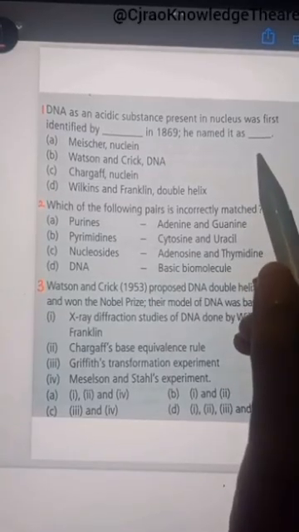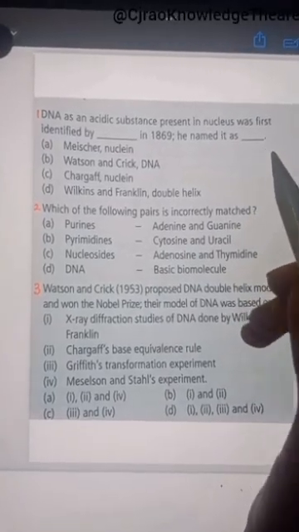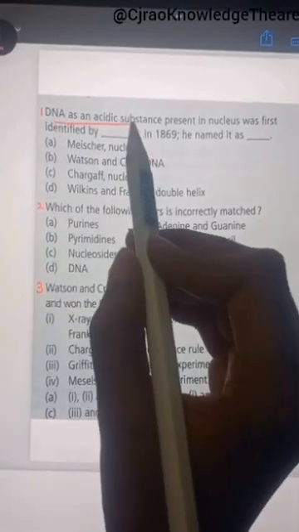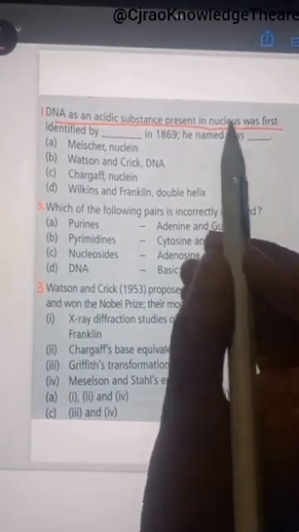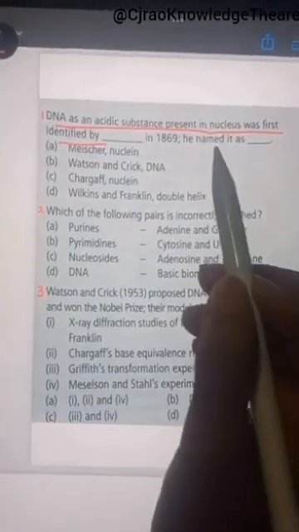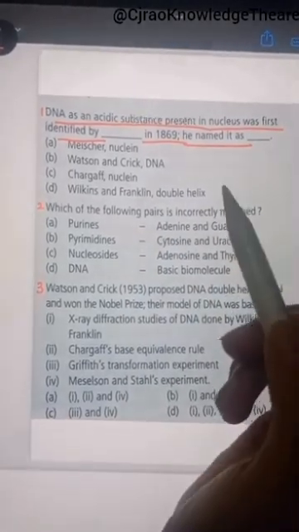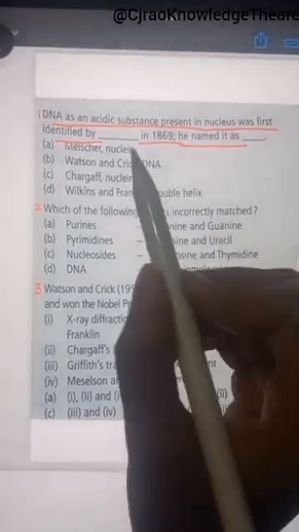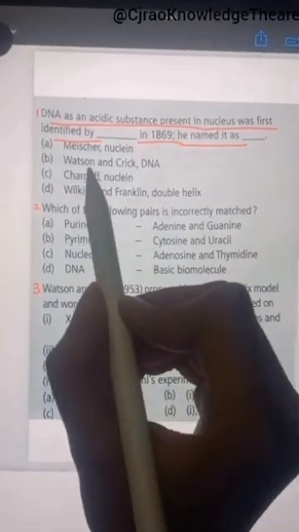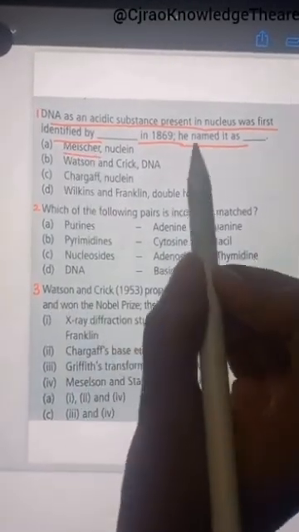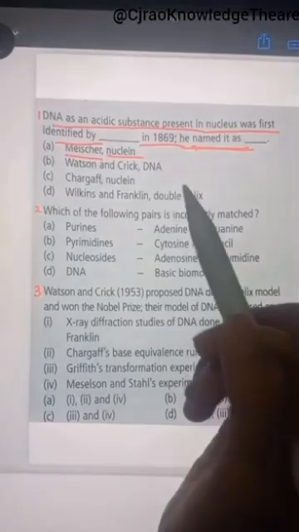Here are some of the questions related to DNA. DNA as an acidic substance present in the nucleus was first identified by Miescher in 1869. He named it as nuclein.